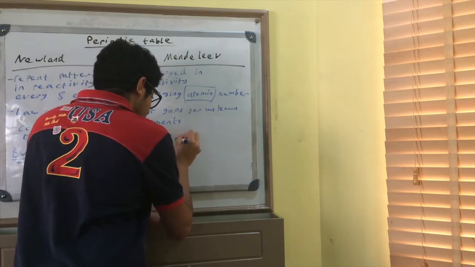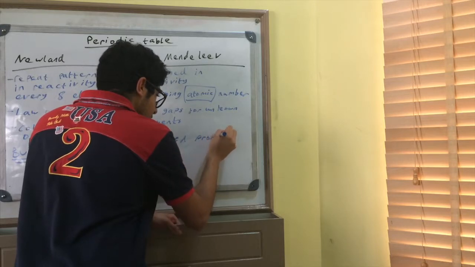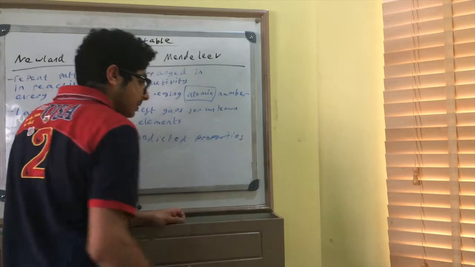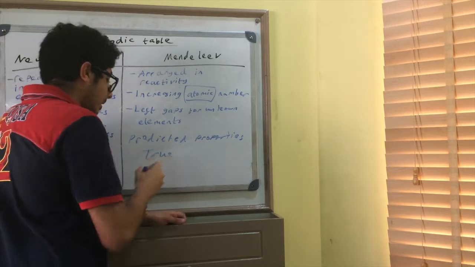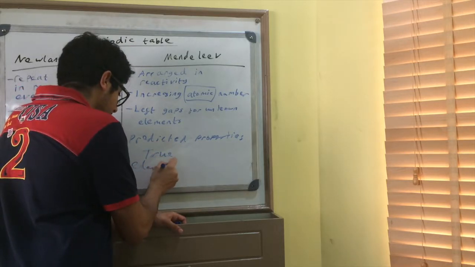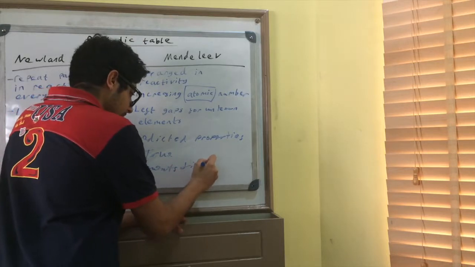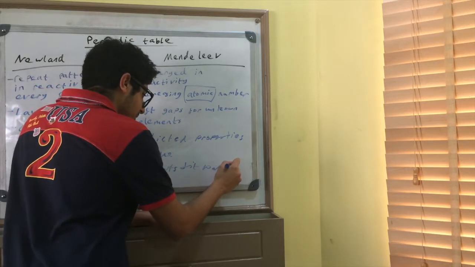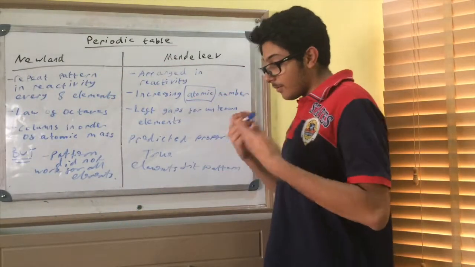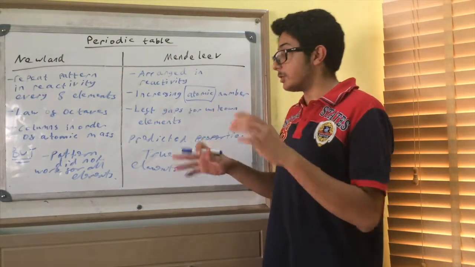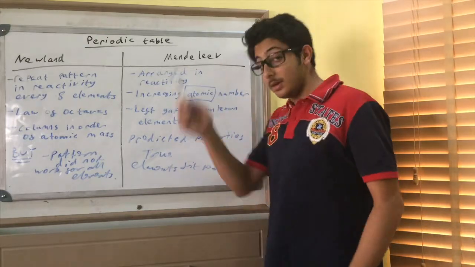And when the elements were actually discovered, his predictions were true, and the elements fit the pattern. And that is why his version of the periodic table is now accepted as our modern version of the periodic table, made by Mendeleev.